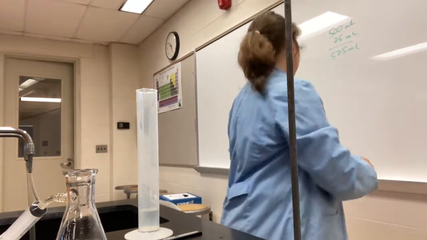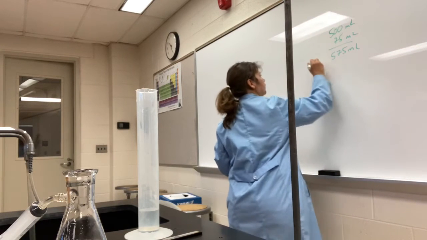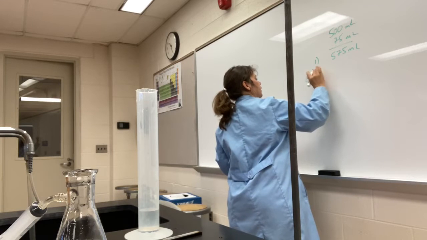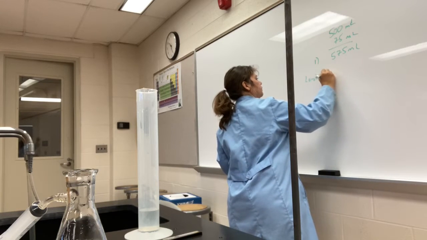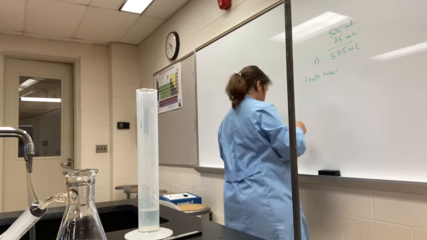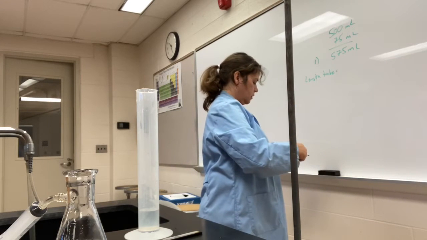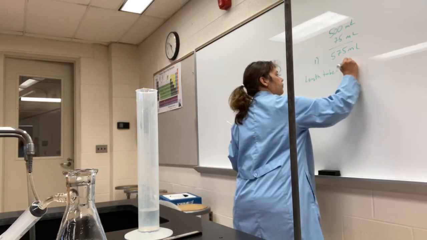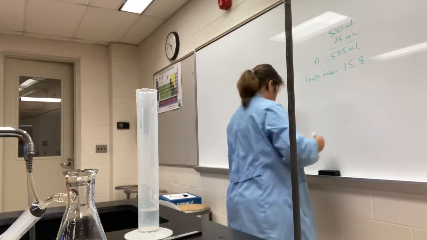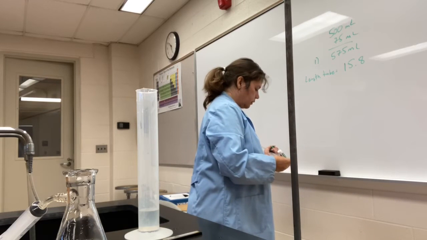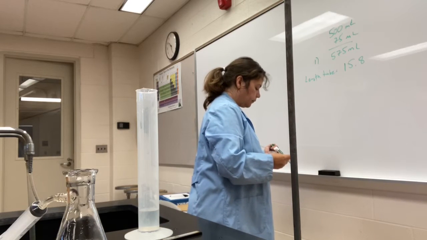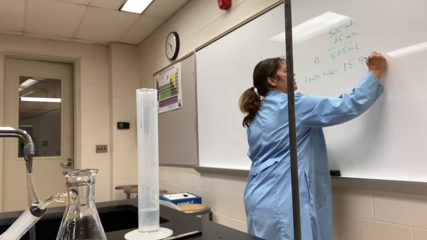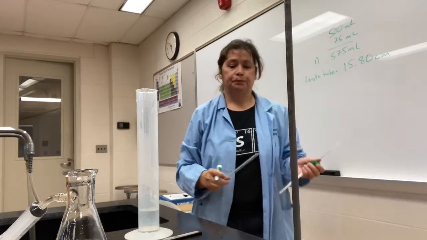So the length of your tube, so this is line 1, the length of your tube equals the 15.8, and we can estimate one more digit because it's marked to the nearest millimeter. Looks like it's right on the line to me. So 15.80 centimeters is the length of the tube.